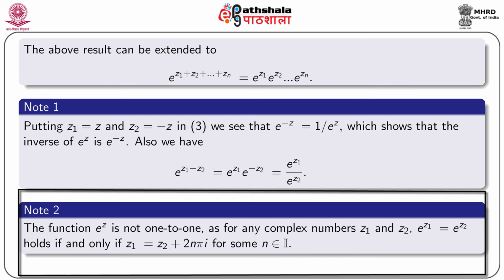So from this we see that though the exponential function for a real variable is a 1-1 function, the exponential function for a complex variable is not a 1-1 function.